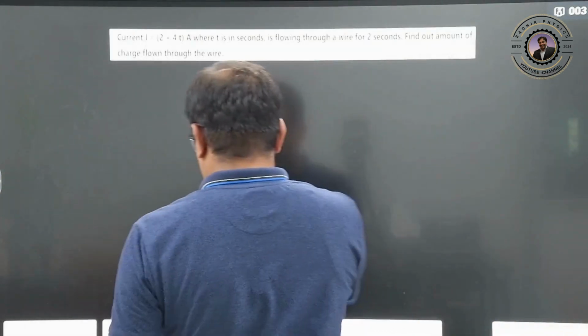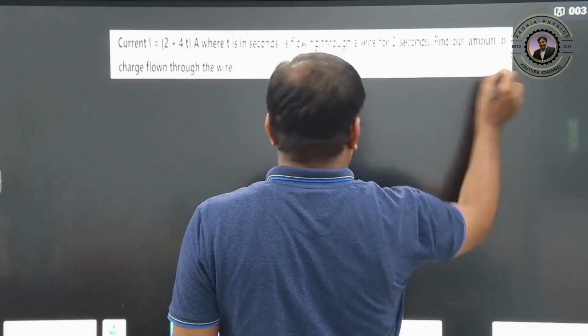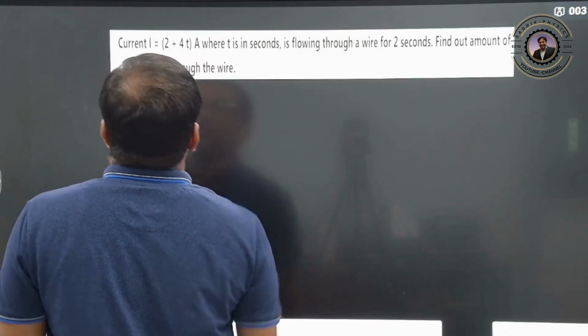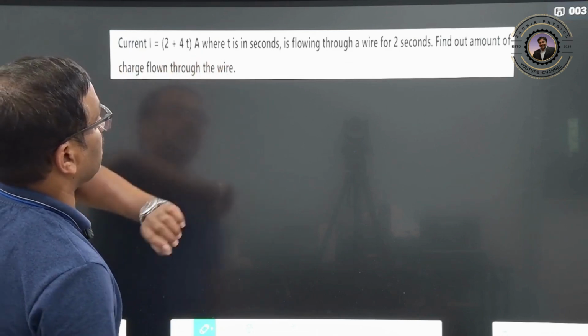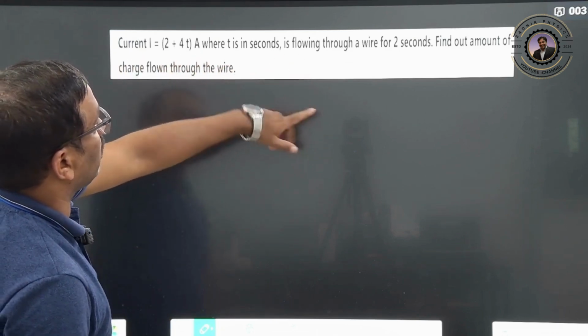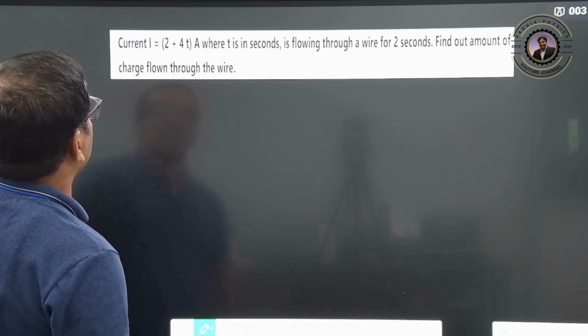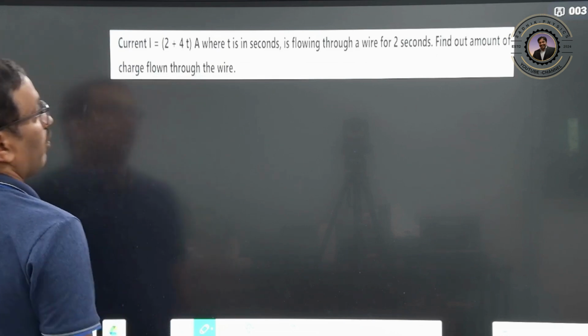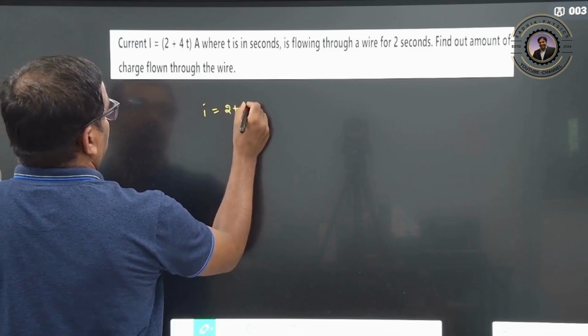Here current I is given, and it is varying with respect to time, flowing through the wire for 2 seconds. Now find the amount of charge flown through this wire. Here current is given as 2 plus 4t.